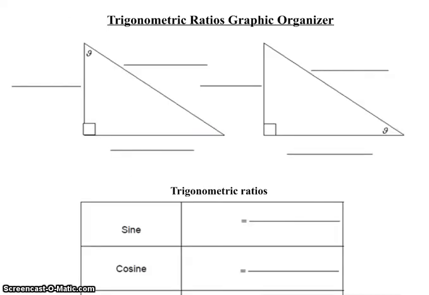Let's take a look at this problem here. I have theta here and theta here. It's our job to label opposite, adjacent, and hypotenuse. I always start with hypotenuse because it's across from 90 degrees every time.